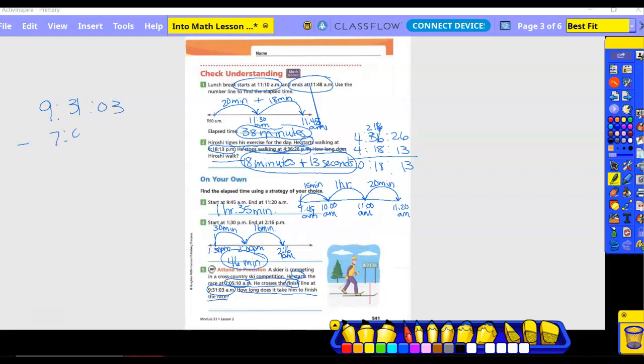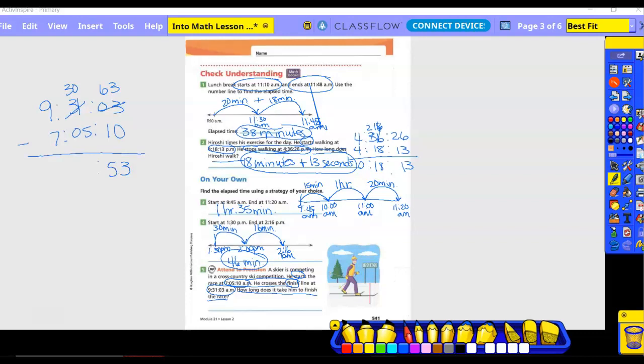Minus 7:05:10. Can I take 10 from 3? No. So I go next door, and this is going to become a 30, but do I take 10 or, how many seconds are there in a minute? 60. So 60 plus 3 is? 63. 63 minus 10 is? 53.